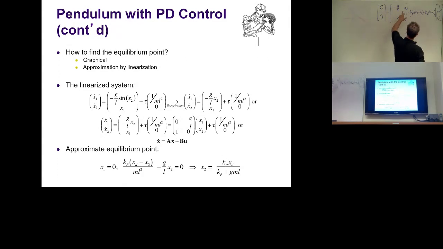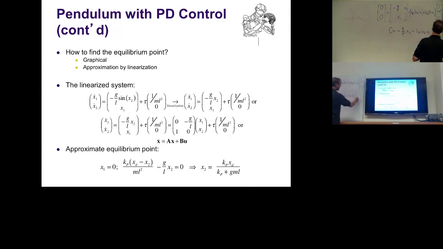And my equation, which was not solvable before, we have actually 0 equals minus G over L. It used to be sine, but now it is x2, which is nice, plus Kp times (x desired minus x2) times 1 over ml squared. Now I can solve for x2.